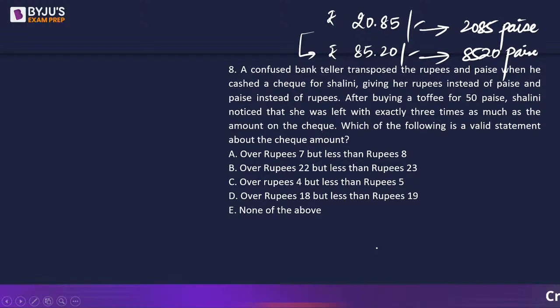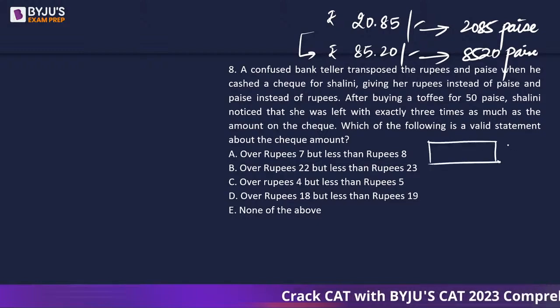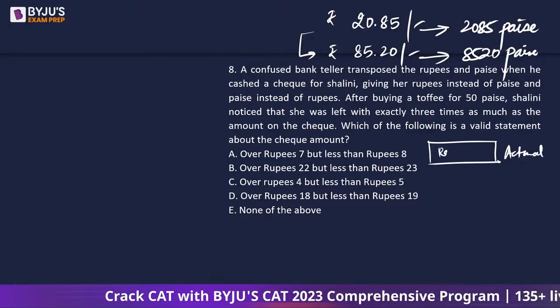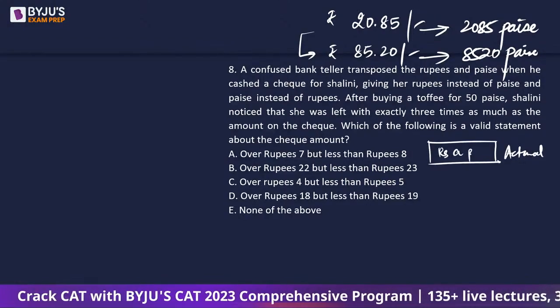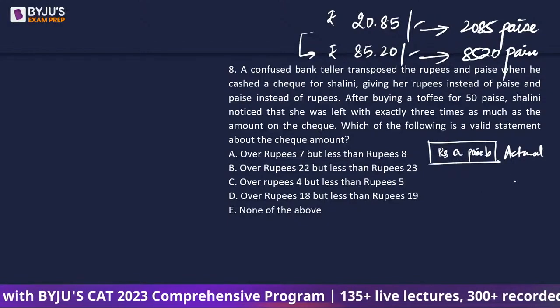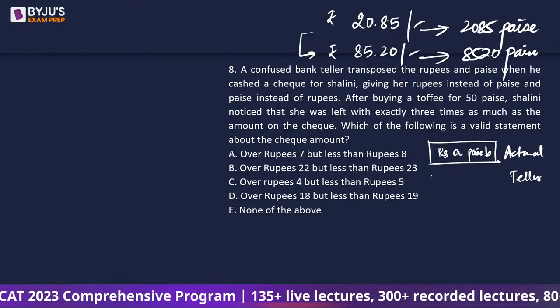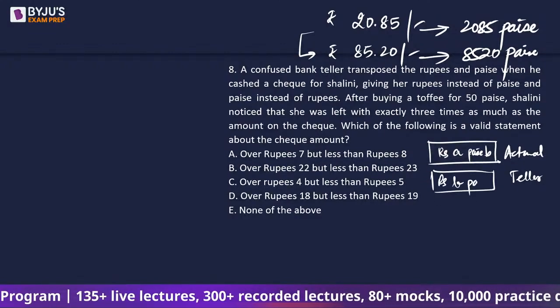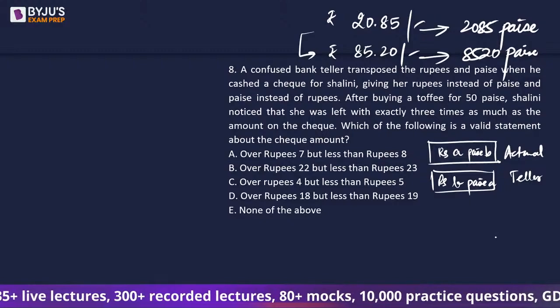So as per the question, what happened was उसके चेक पे actual A rupees B पैसे लिखा हुआ था. What did teller give her was B rupees and A paise.